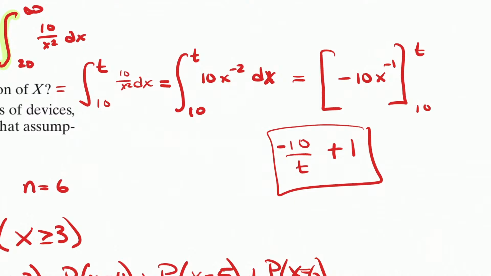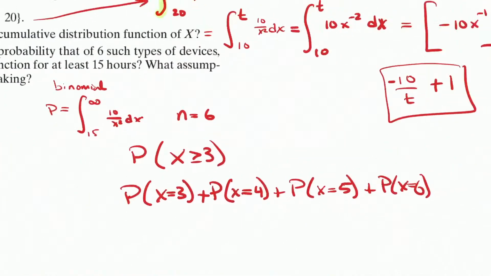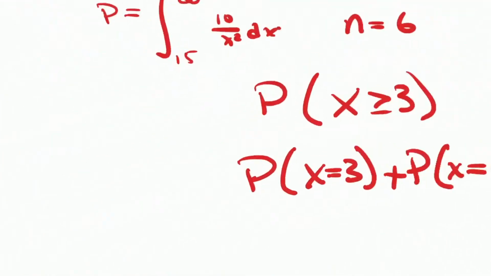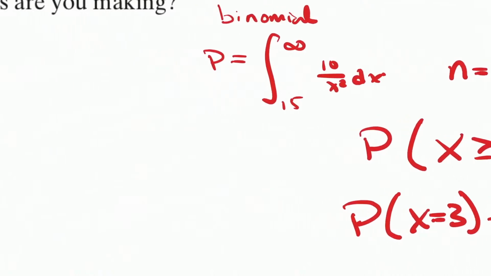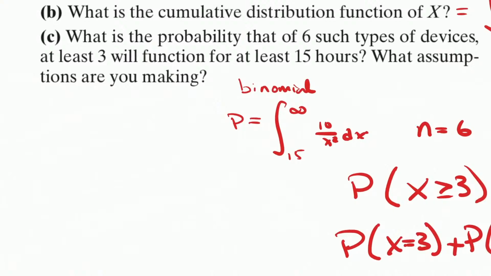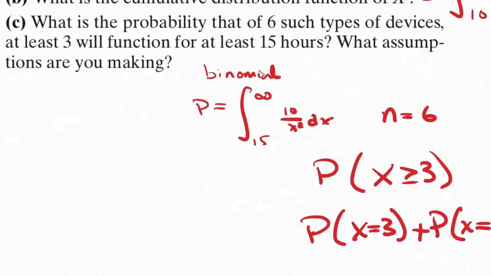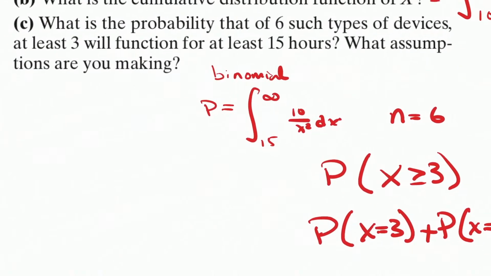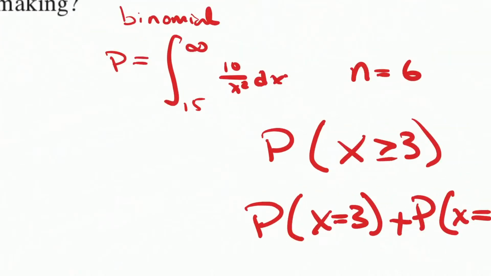Very nice. Part C, certainly. So once you can do that, then this isn't too bad. So let's get this probability. This is the probability of success, success being getting a device that lasts at least 15 hours. So from 15 to infinity is the number of hours we're looking for.